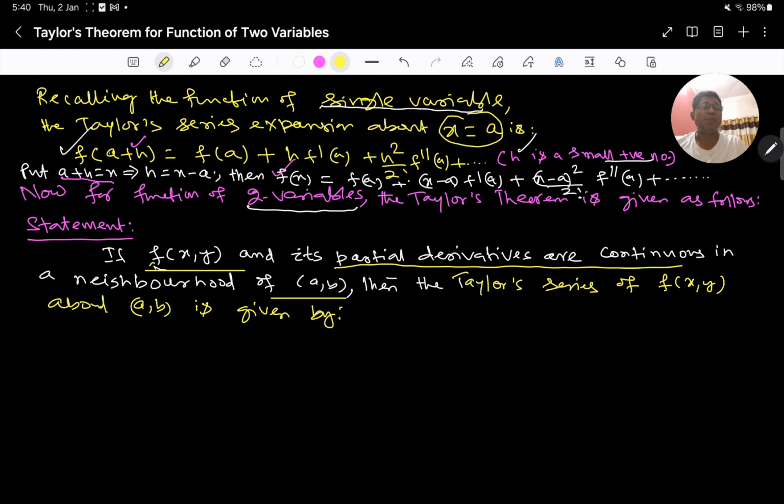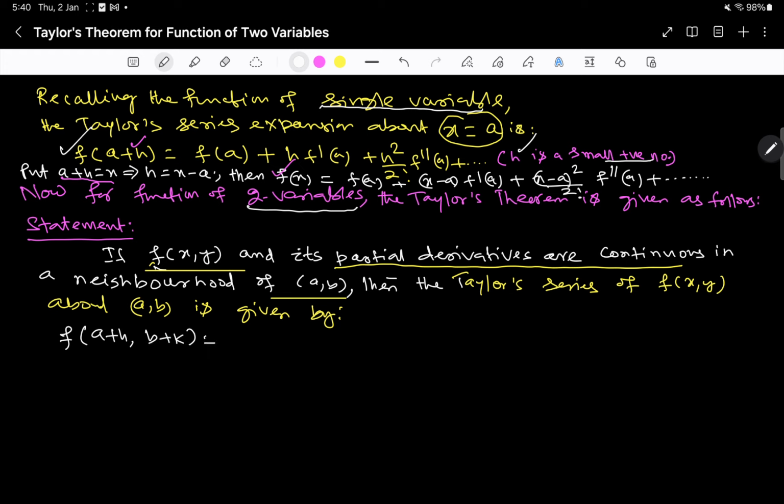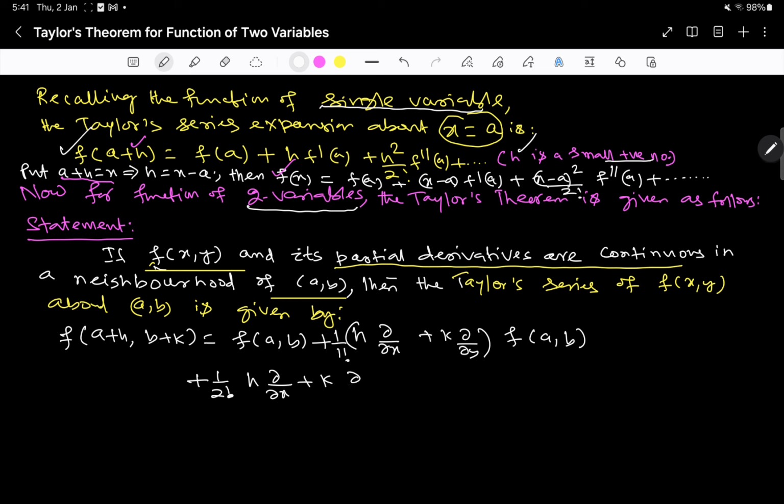Then the Taylor's series expansion of f of x y about (a, b) is given by f of a plus h, b plus k equal to f of a b plus h del by del x plus k del by del y of f of a b, and we may write 1 by 1 factorial, we skip it because it is 1, then plus 1 by 2 factorial h del by del x plus k del by del y whole square f of a b.